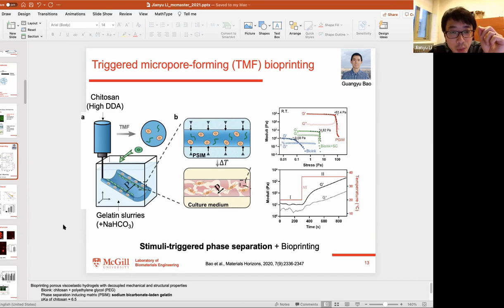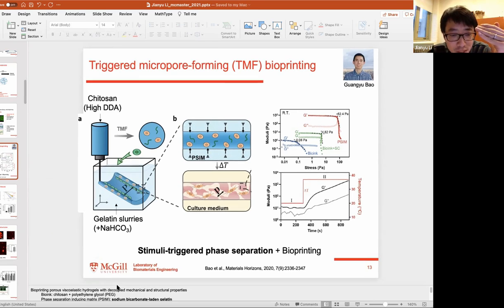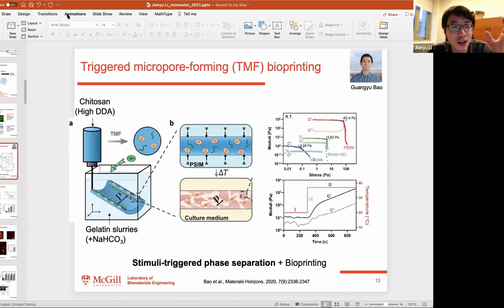Yeah. So here we are on those slides, I can better describe this process. Sorry, it's not very clear due to the time. So essentially, the physical process happening is the following. You extrude this chitosan in this gelatin slurry supporting matrix, and you have this triggering agent, sodium bicarbonate, which will diffuse into the extruded chitosan and induce a phase separation.